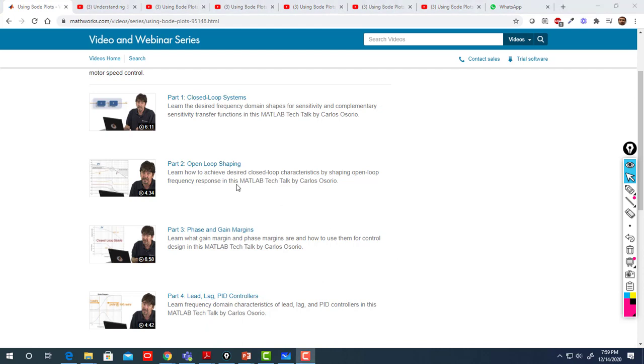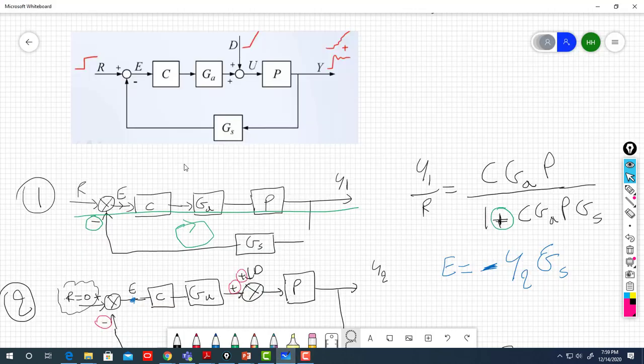As an introduction to open loop shaping, let's first refresh our memory a little bit about what we previously did in the intro to control chapter. When we have a block diagram this way, you have your reference R and your output Y, and you have a disturbance.